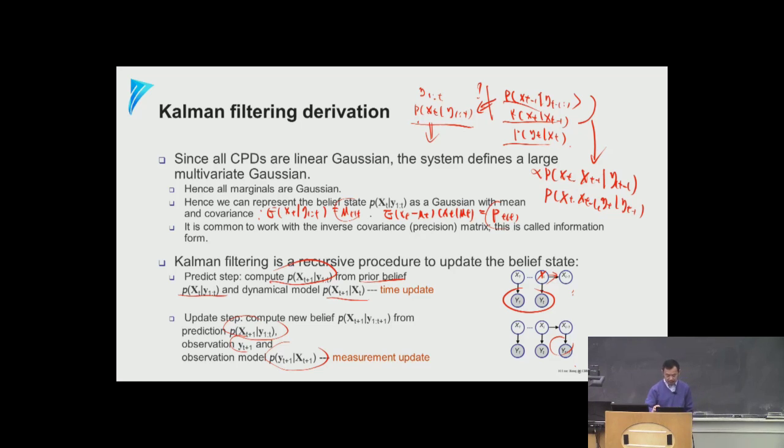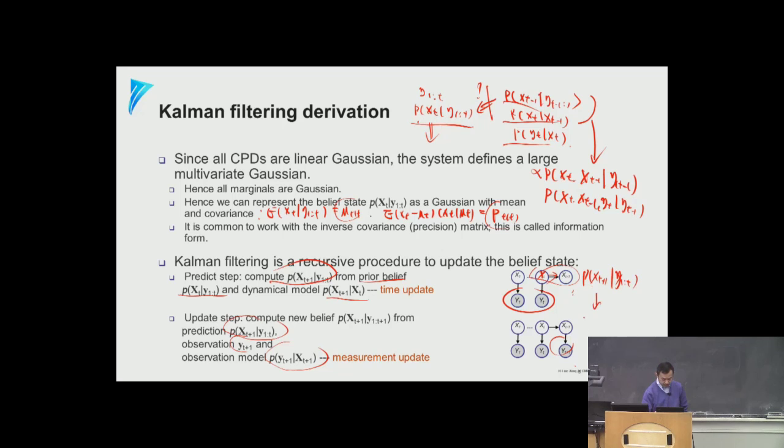The key idea I want to say is that when you make the prediction p of x_{t+1} given y_1 to t, it is a Gaussian distribution.